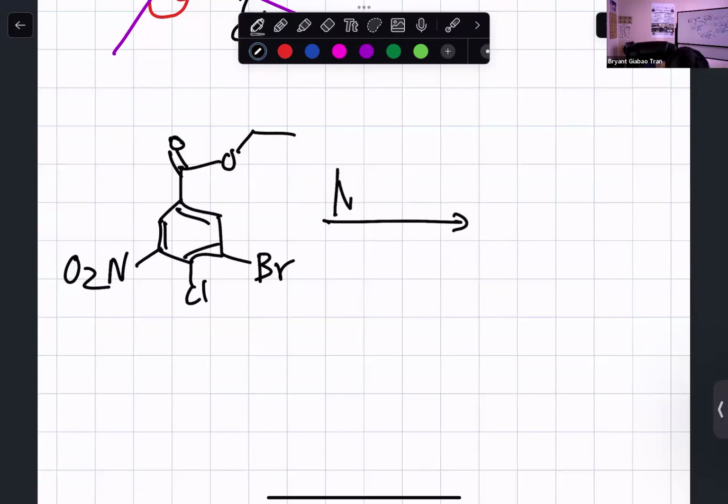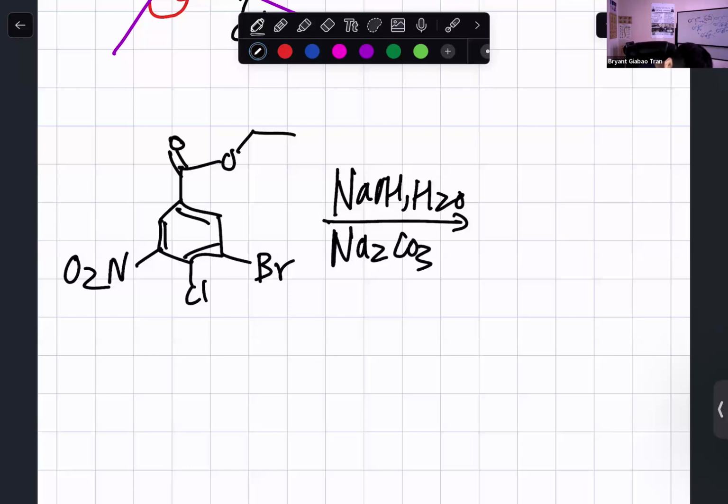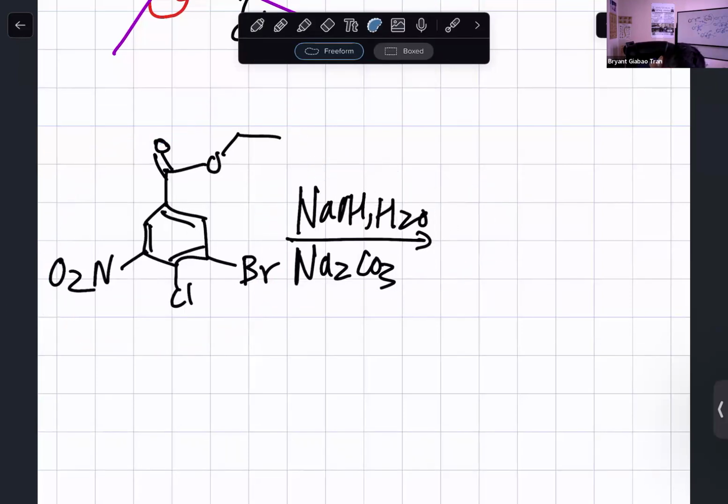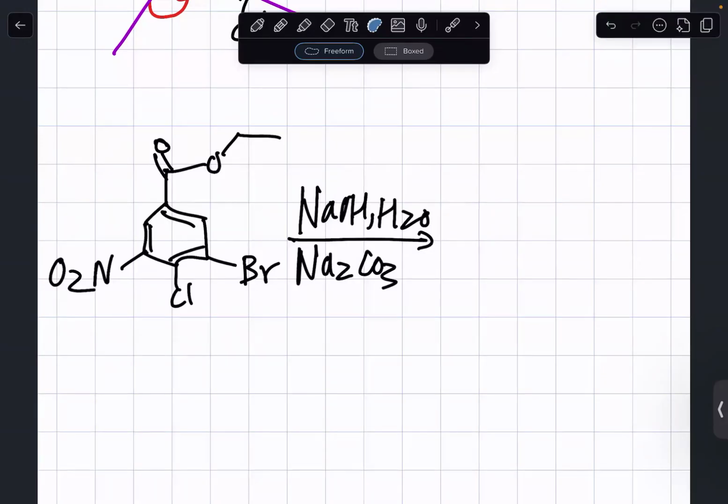What would you predict the product to look like in this reaction? Think about the requirements. It would be the chlorine, because it's ortho and para, and the bromine has a meta.